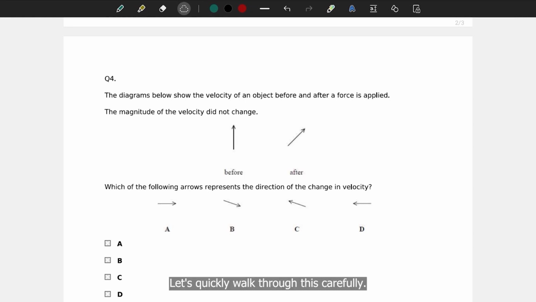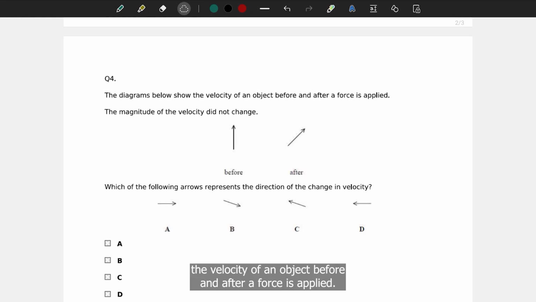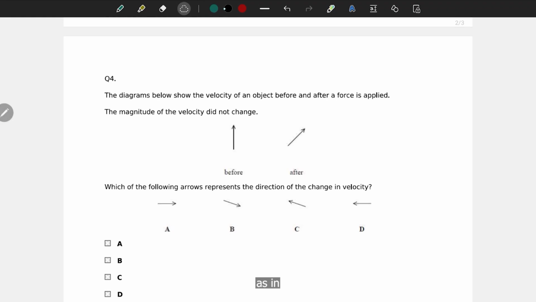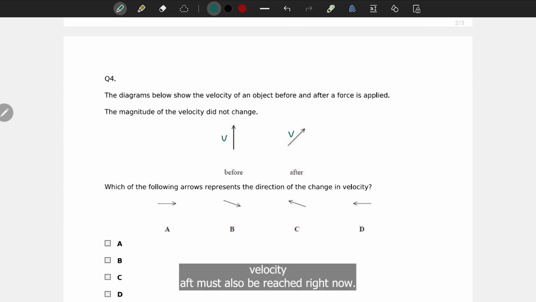Let's quickly walk through this carefully. The diagram below shows the velocity of an object before and after a force is applied. The magnitude of the velocity did not change, right? So as the magnitude of the velocity before is v, the velocity after must also be v.